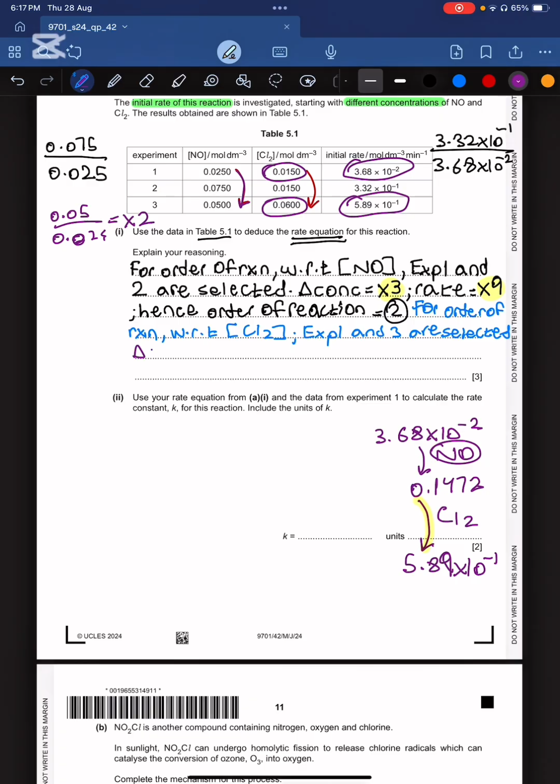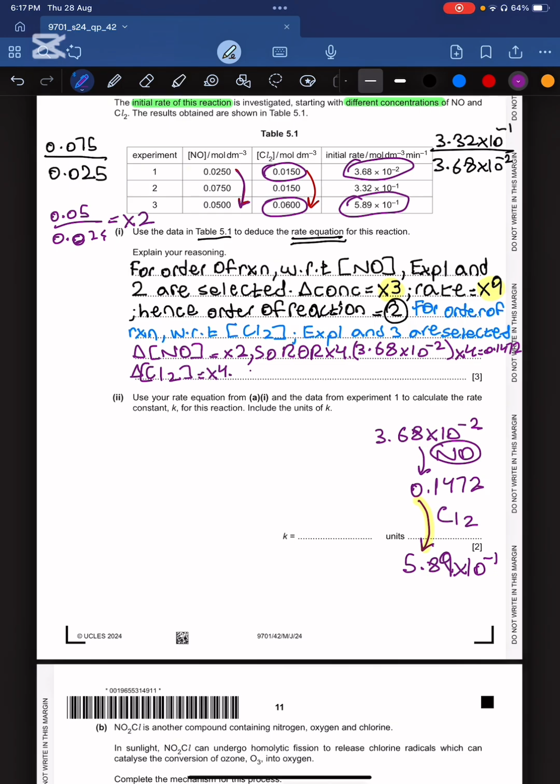I'll write here the change in the concentration of NO is 2 times. So the rate of reaction would be times 4, meaning 3.68 times 10 power minus 2 times 4 would be 0.1472.